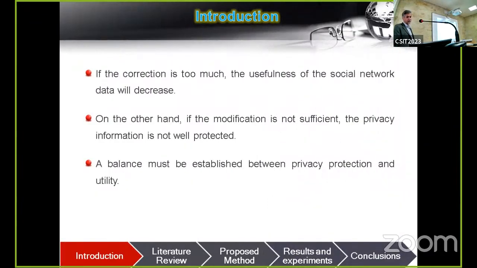If the correction is too much, the usefulness of the social network data will decrease. On the other hand, if the modification is not sufficient, the privacy information is not well protected. We need a balance between privacy protection and utility.